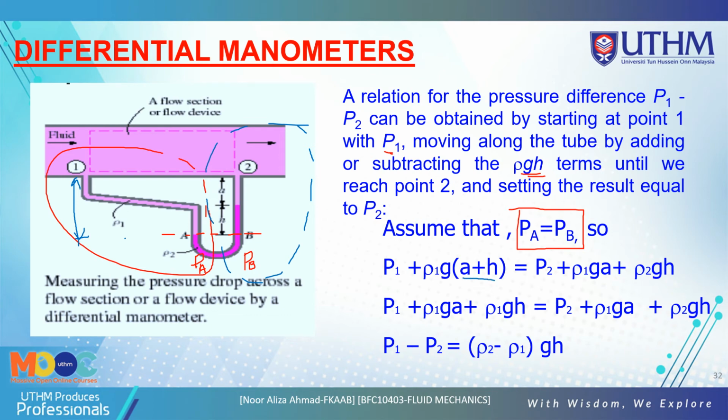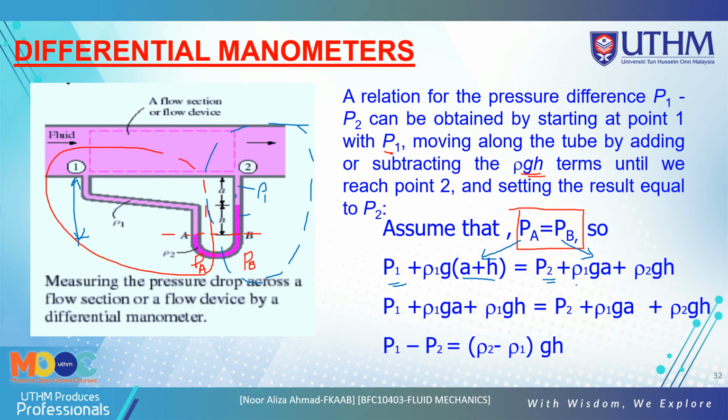For this concept, at A, and the PB is here. Now you look at the right side here. They also consider the pressure at 2, so you have the pressure at 2, and also the pressure of this fluid. This is density 1, because this is the same fluid until this one, so fluid 1.